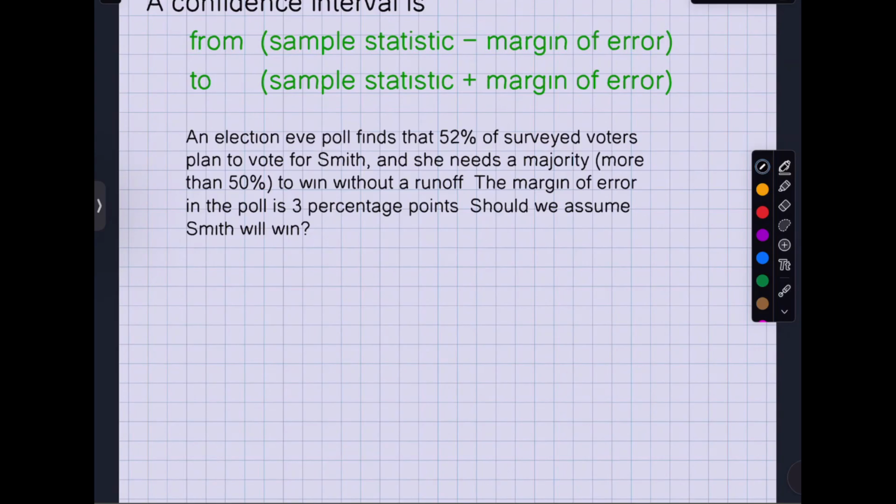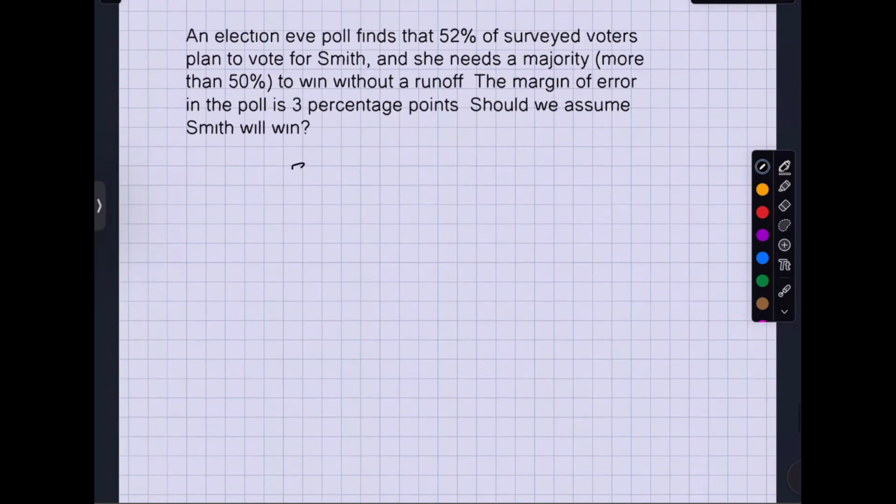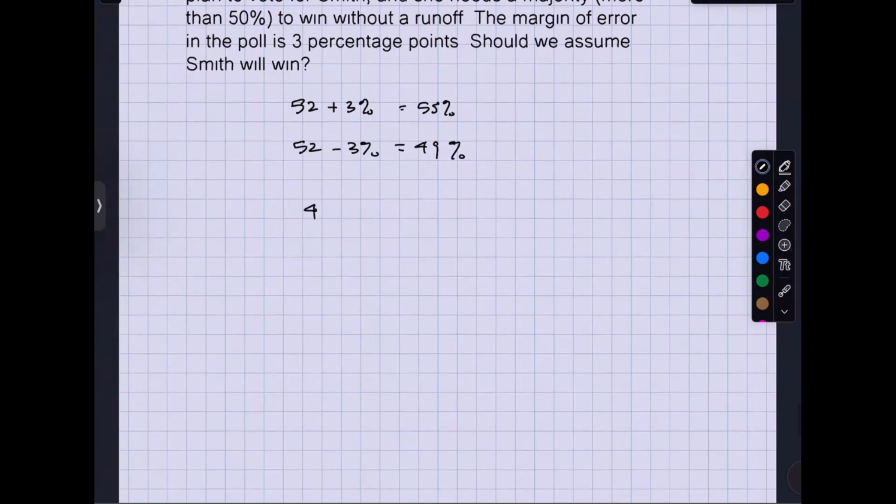Does that make sense? So that's the reason why, if we go 52 plus 3%, 52 minus 3%, because of that 49%, it's still too close to call.